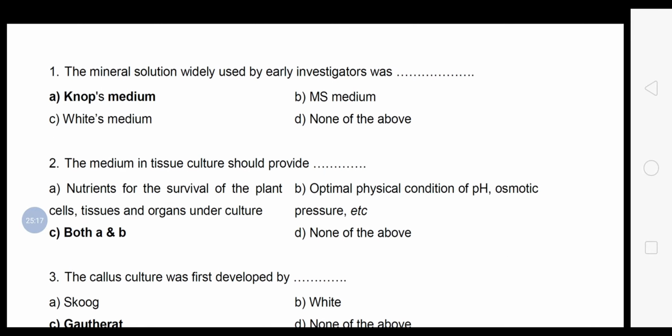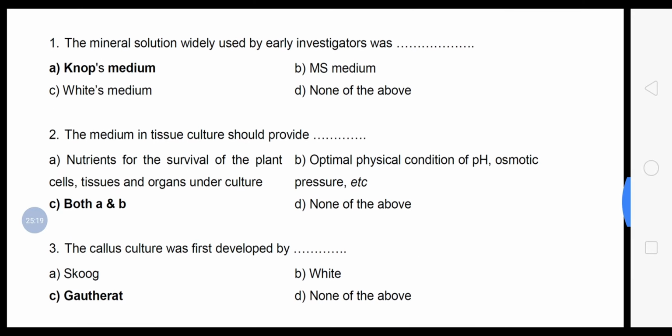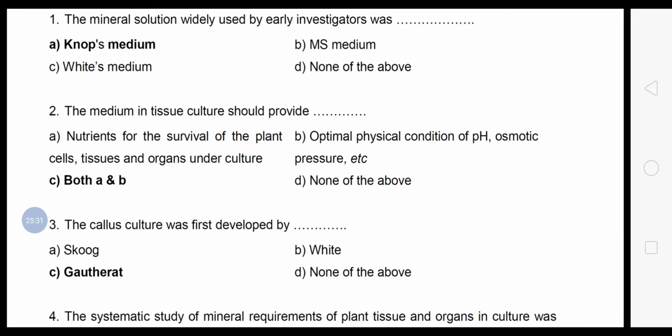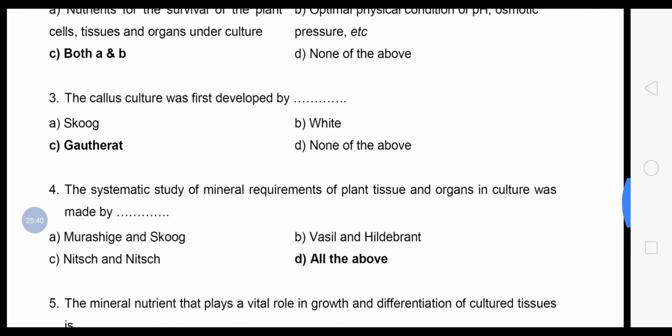Mineral solution widely used by early investigators was Knop's solution. Remember, the mineral solution widely used by early investigators was Knop's solution. The medium in tissue culture should provide nutrients for the survival of the plant cells, tissues and organs under culture, and optimal physical conditions of pH, osmotic pressure, etc. Callus culture was first developed by Gautheret.